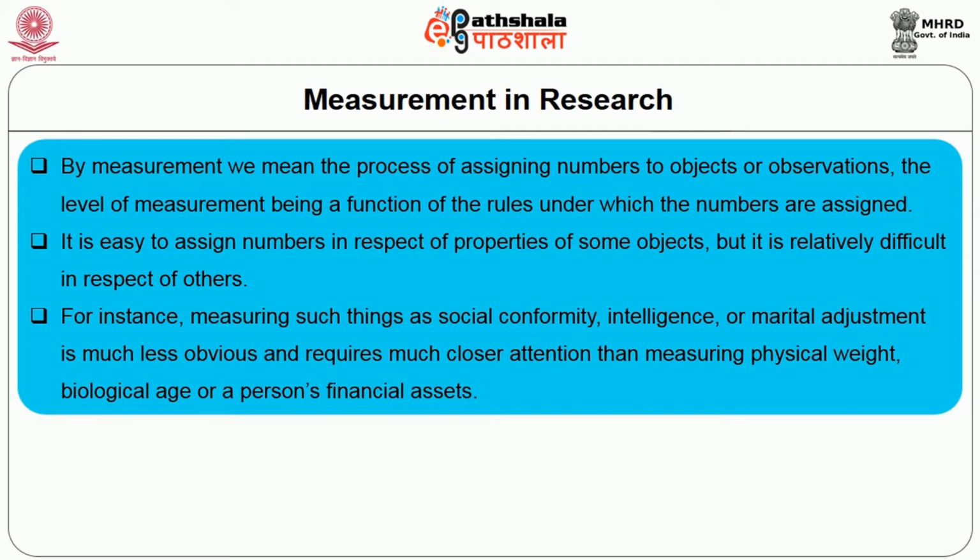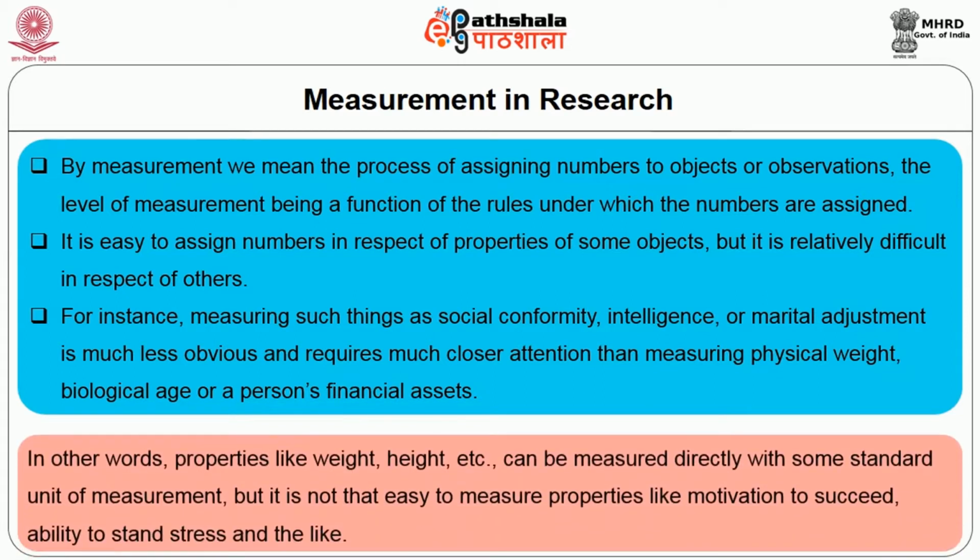For instance, measuring such things as social conformity, intelligence, or marital adjustment is much less obvious and requires much closer attention than measuring physical weight, biological age, or a person's financial assets.